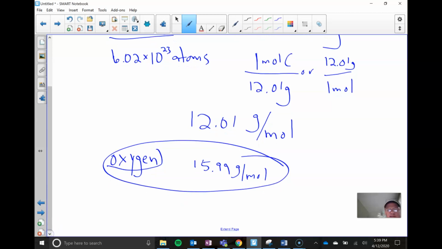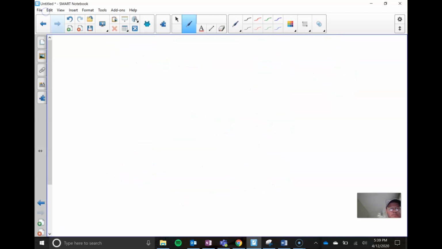The molar mass of hydrogen, you'll do that one quite a bit. The molar mass of hydrogen, 1.01 grams per mole. All right.